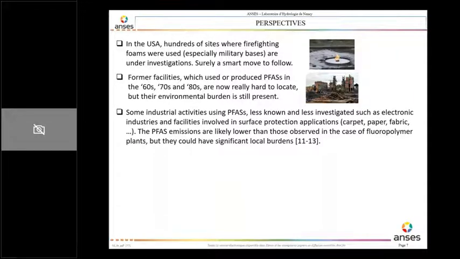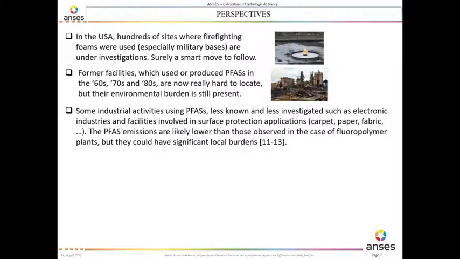Some industrial activities using PFAS, less known and less investigated, such as electronic industries and facilities involved in surface protection applications, also merit more attention. The PFAS emissions are likely lower than those observed in the case of fluoropolymer plants, but they could have significant local burdens.